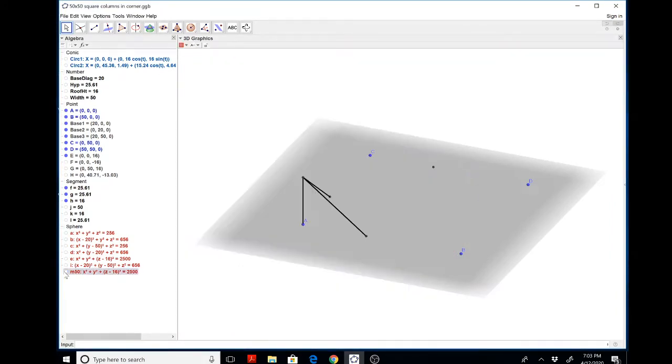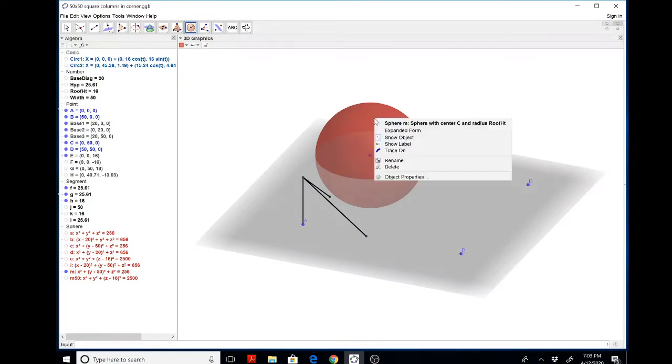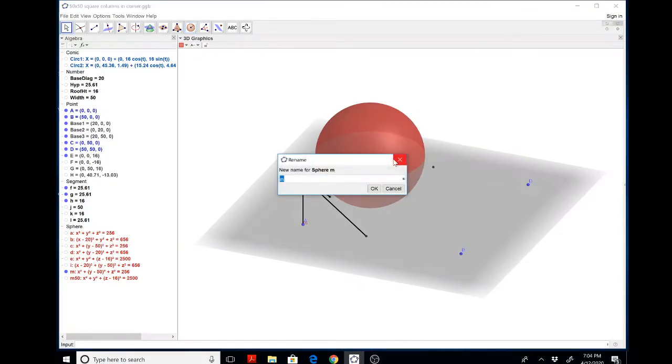Okay, and then I have a roof height sphere coming from C. So that will be roof height. And where those two intersect, I'm going to call that M16.